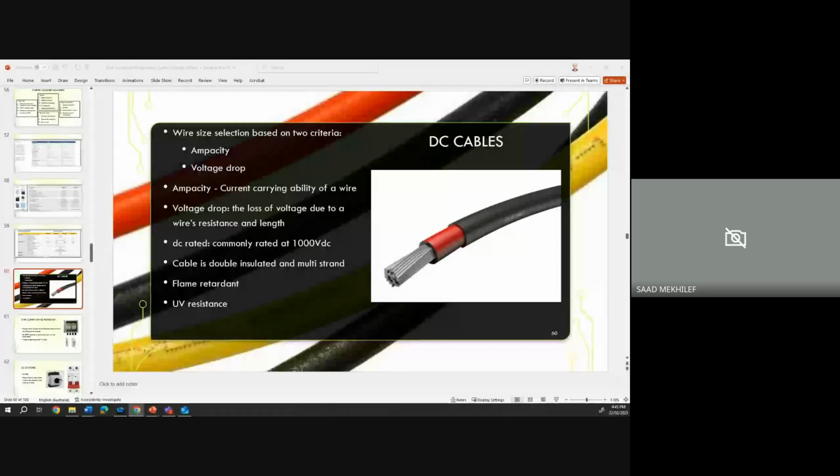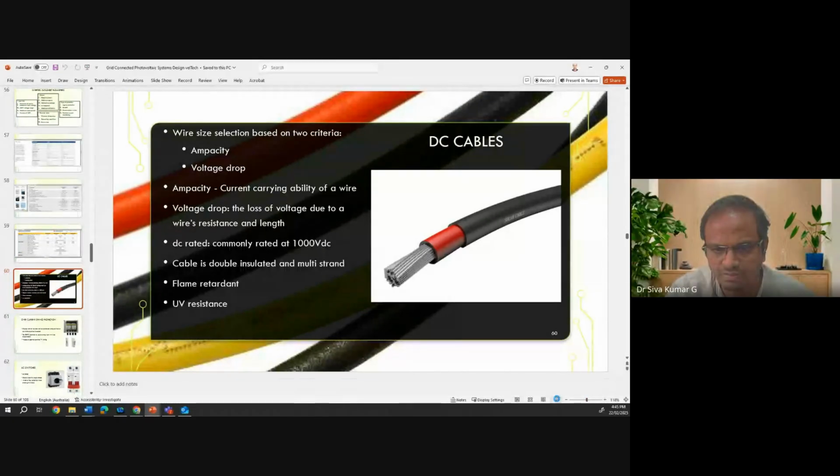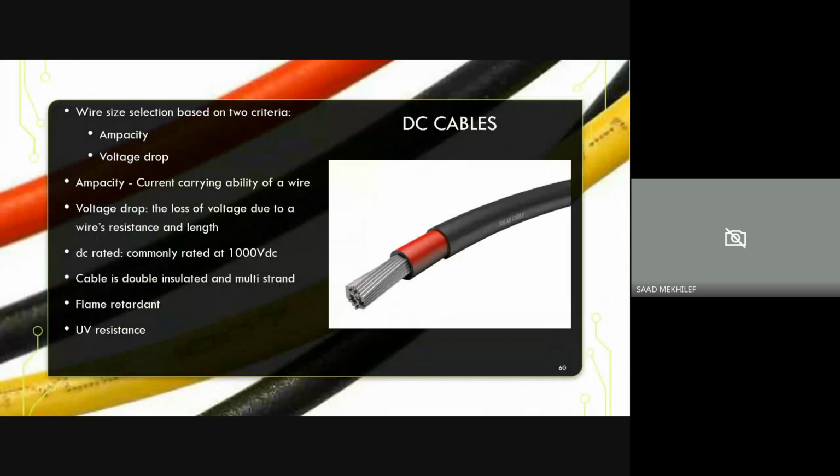Okay, it's coming, and then put on slideshow mode. Can you see? It's not in slideshow mode. How about now? Yeah, it is fine.